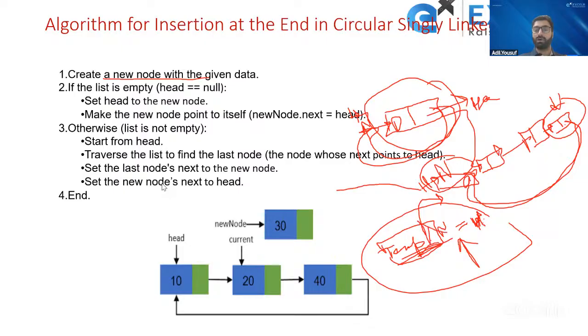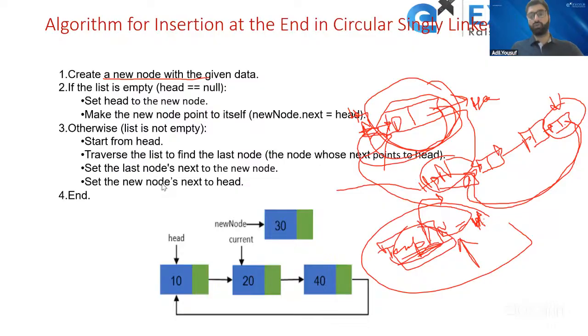Temp dot next will point to the new node, and then this new node dot next will point to head. So with this, a circular relationship is maintained. It will still remain circular.